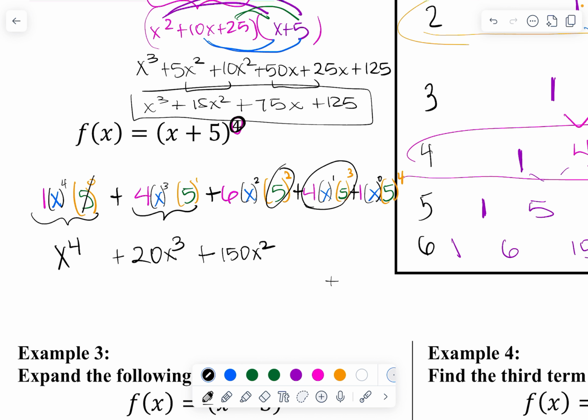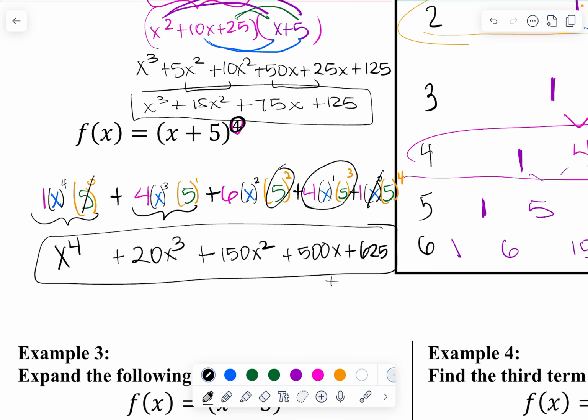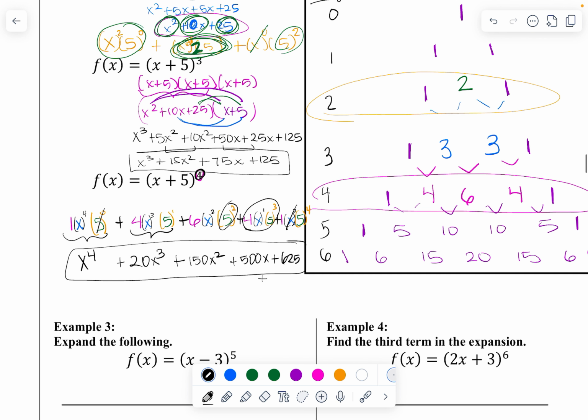Here, 5 to the 3rd is 125 times 4 is 500 times x to the 1. And then lastly, x to the 1 is just 1, so 5 to the 4th is 625. And this is doing it without having to multiply it out one by one by one by one.